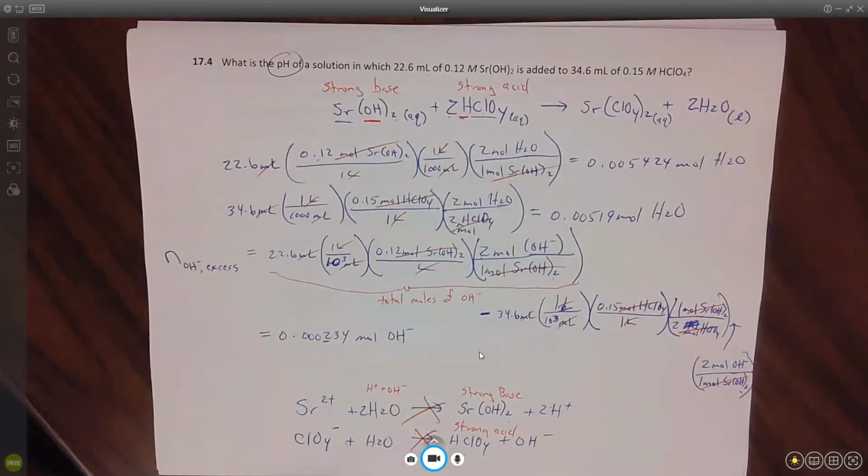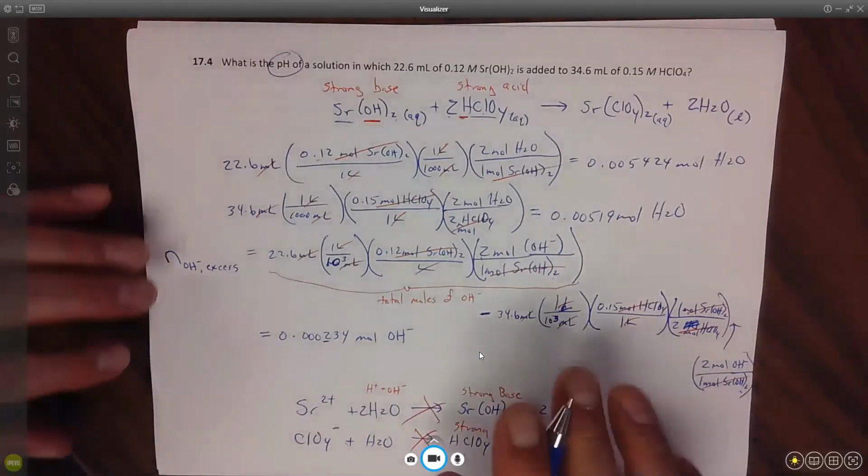Okay, what is the volume? Like 0.0226 plus 0.0346 would be. Exactly, that's what I wanted to hear, right? We just mixed these 2 together. So the volume is the combination of those 2.